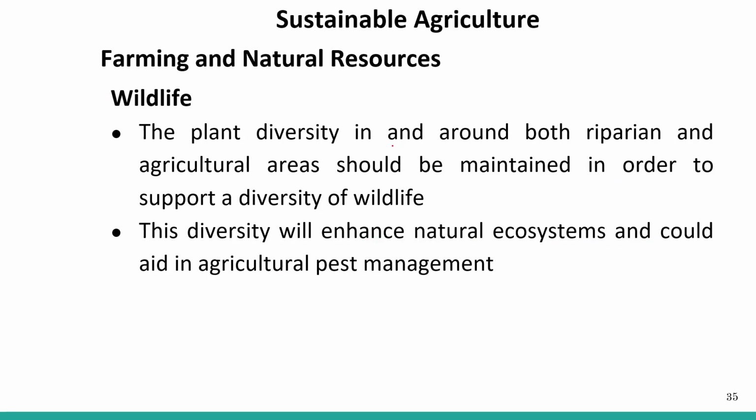The plant diversity in and around both the riparian and the agriculture areas should be maintained in order to support the diversity of wildlife. There are so many plant species that grow around the water lake and around the agriculture areas also. If you remove them, thinking that these plants are of no use, but they are supporting so much diversity of wildlife, so they are also important.